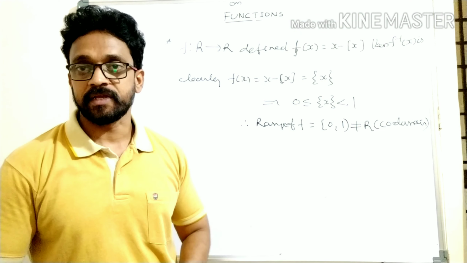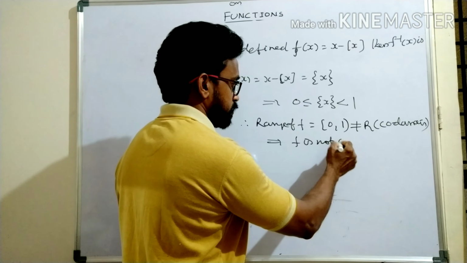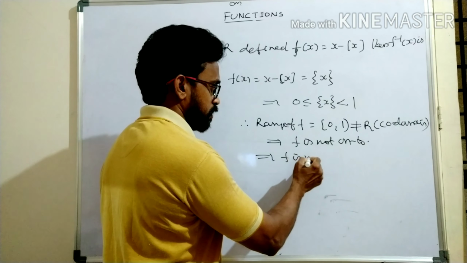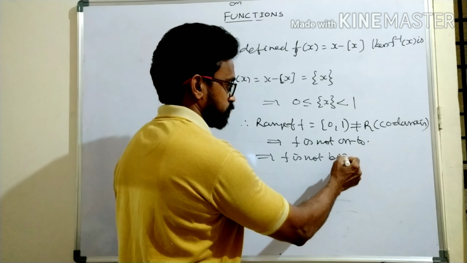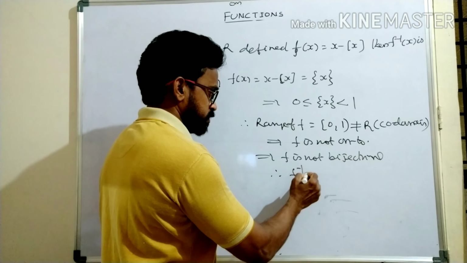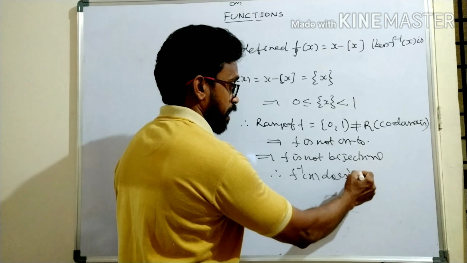Here both are not equal. That implies f is not onto. That implies f is not bijective. That's why f inverse does not exist.